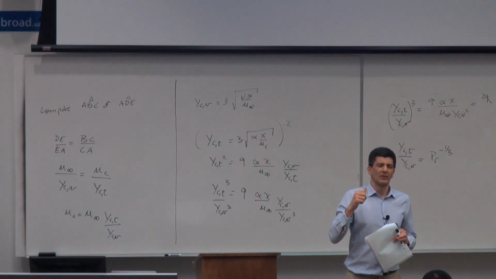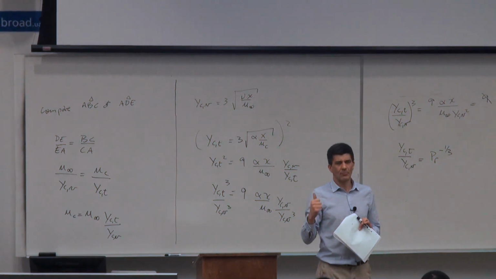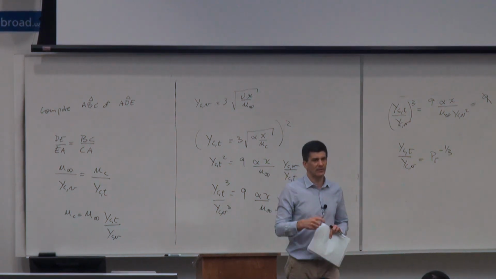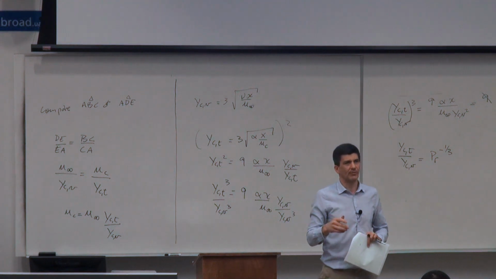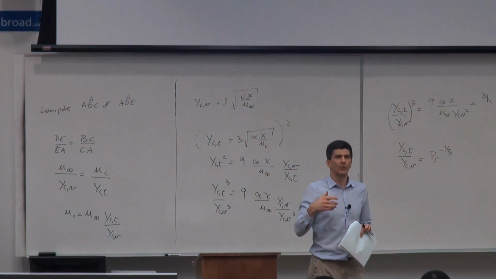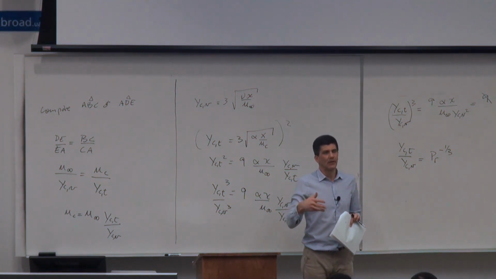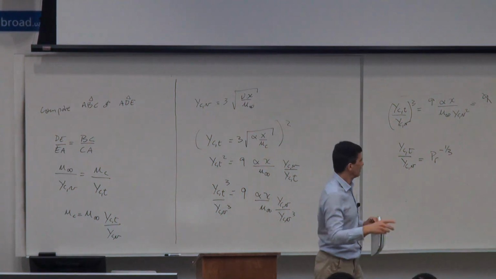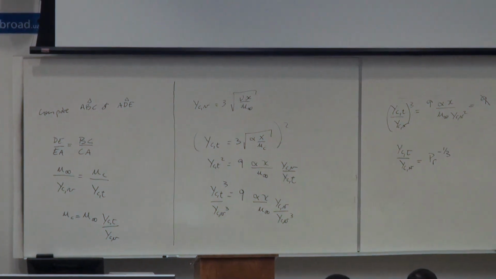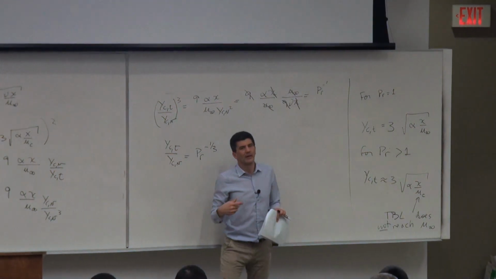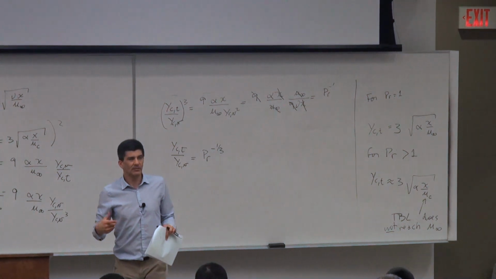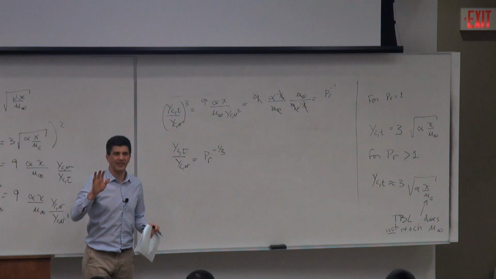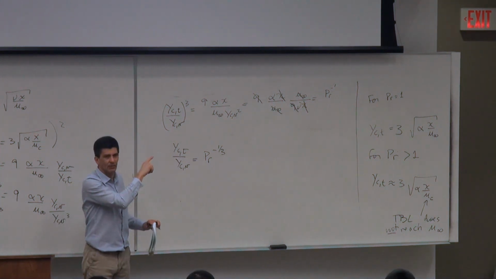No differential equations, neither partial nor ordinary. We just used our concepts. We used some things we knew from the semi-infinite solid. We adapted that for the viscous boundary layer, in which I didn't prove to you that number 3, this number 3 here. That was done by Prandtl's student Blasius. Blasius was a super cool guy. He spent all his PhD solving the differential equations, and he got that 3, right?